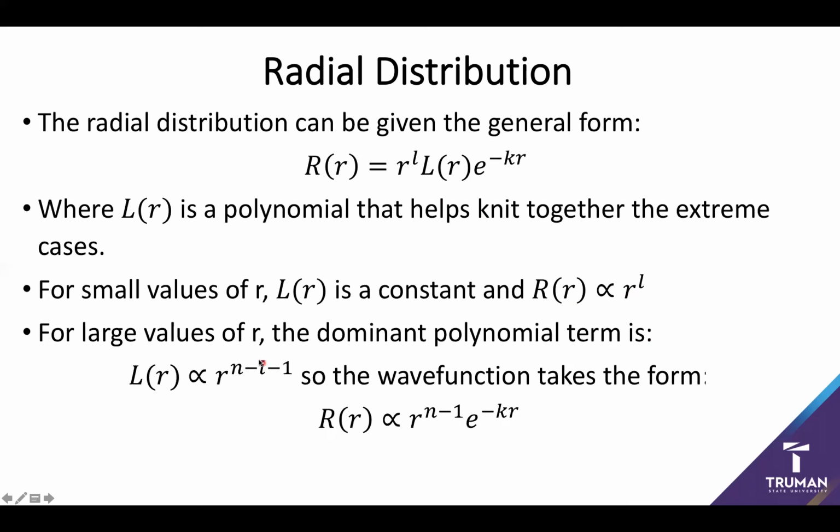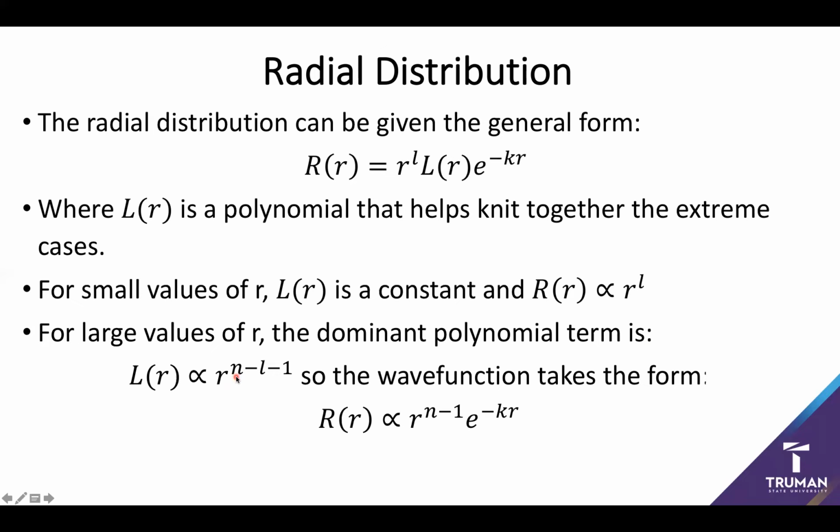However, as the value of r gets larger, what we're going to find is that our polynomial term will take on the general form of our radial function times our n. So this is going to be an integer value.